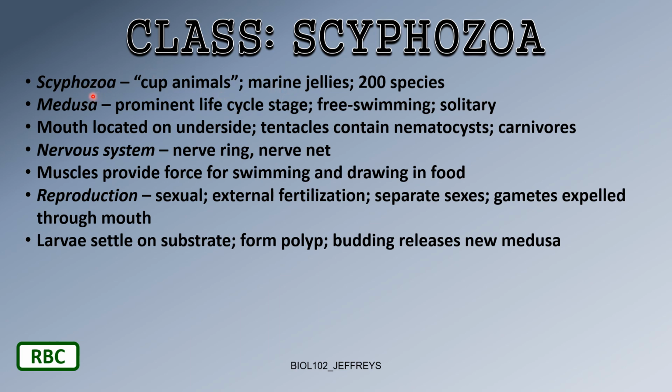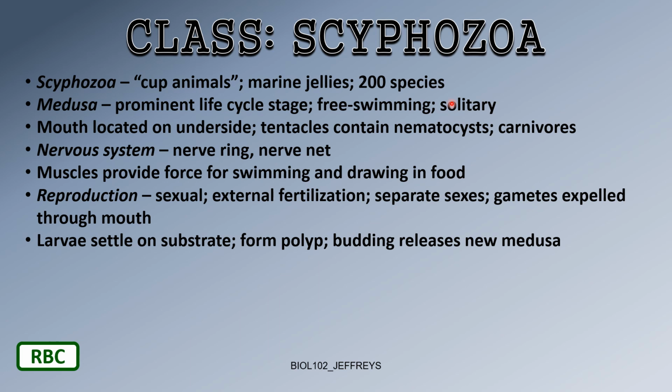Now, the medusa is the prominent life cycle stage for the sea jelly, as you know. The medusa is free swimming, and these are solitary animals and only come together when mating is necessary. Otherwise, they kind of like to be alone.